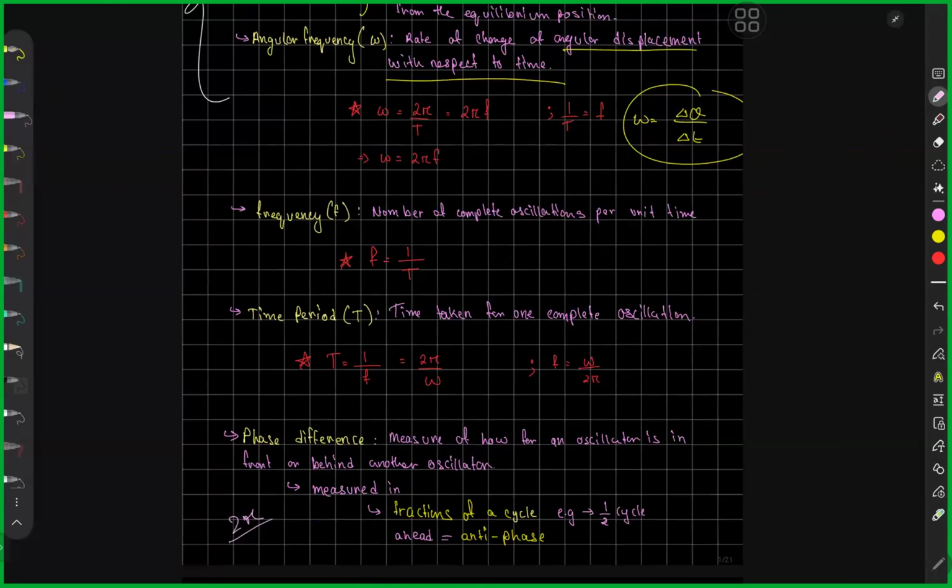How many oscillations can be done per unit time? So in 1 second, how many oscillations can I do? If I have a circle over here, I have a bob over there, and the bob goes around 3 times every 1 second, that is 3 hertz.